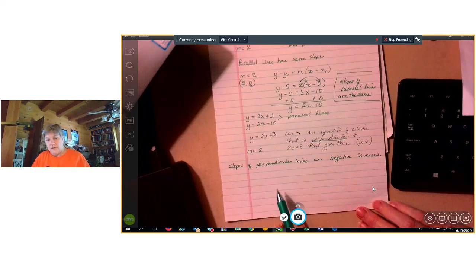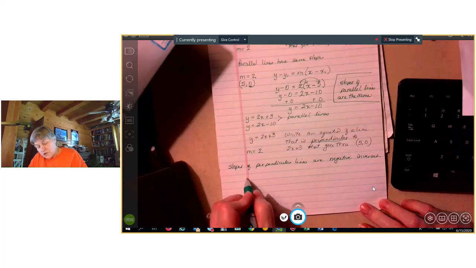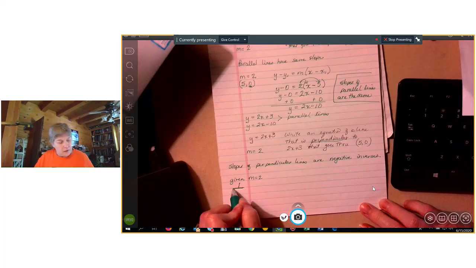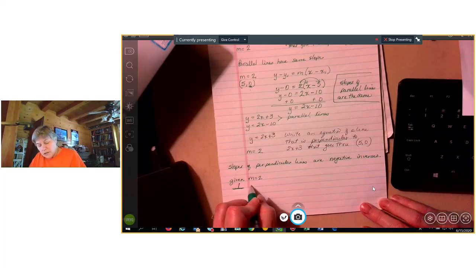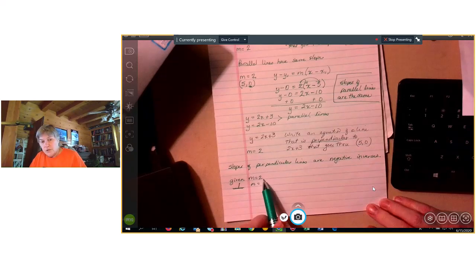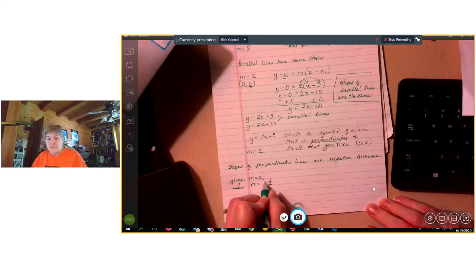So that means that if the slope of my given line is m equals 2, then the slope of the perpendicular line is going to be the negative inverse. So the inverse of 2 is going to be 1/2, and it's going to be negative.